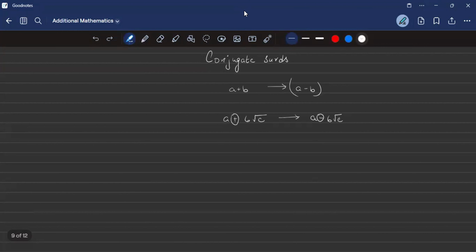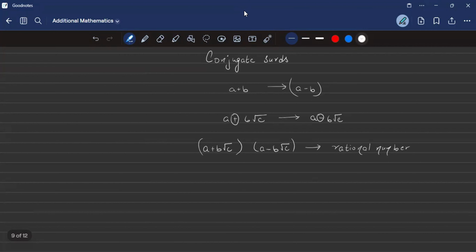For example, a plus b under root c multiplied by a minus b under root c would be equal to a rational number. Just remember that.